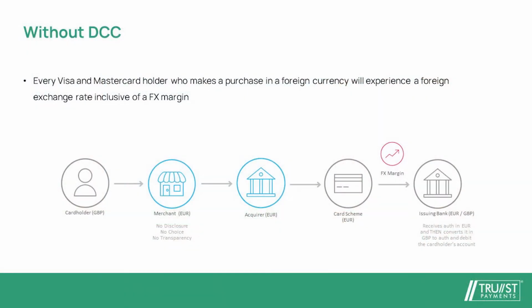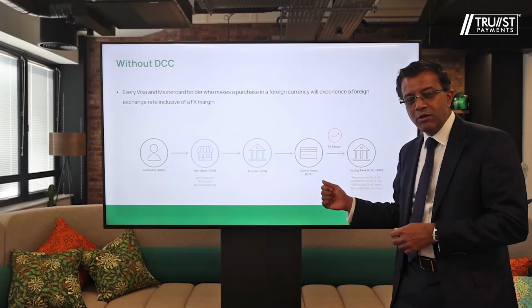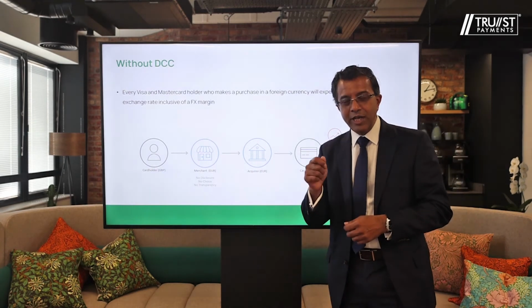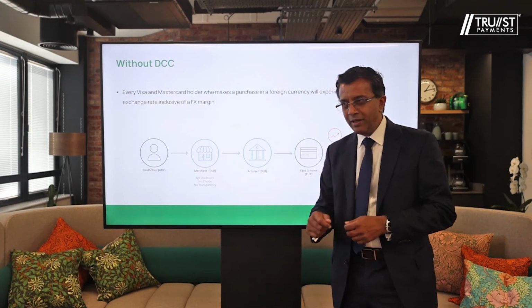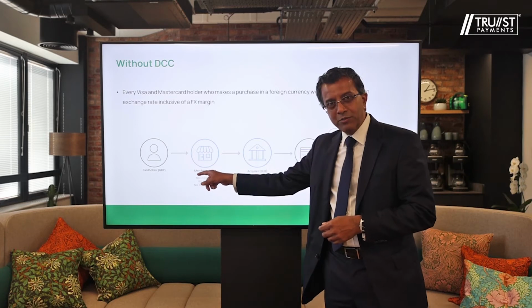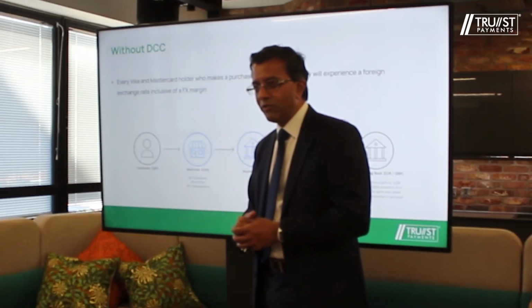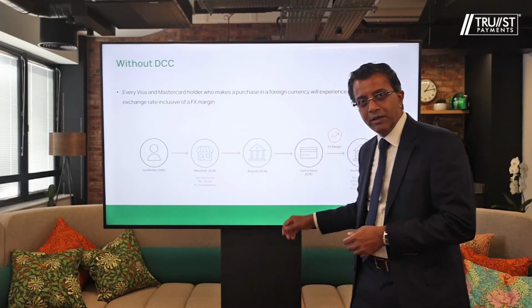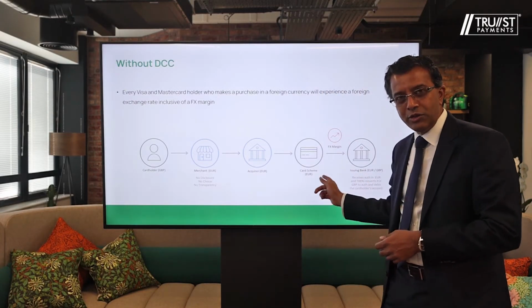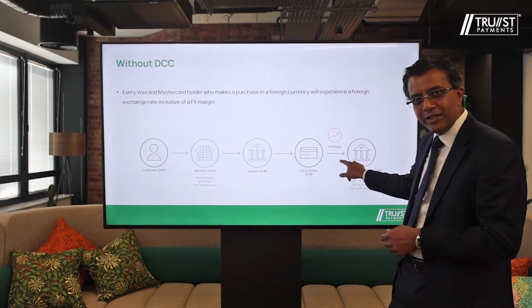The transaction goes through to the acquirer, which is ourselves, in euros, and then it's processed through to the issuer, who's going to charge the customer a sterling amount. Now, at the point the customer is making the payment, they don't know how much they're going to be charged in sterling. And the customer's bank is doing the conversion and taking the FX margin.